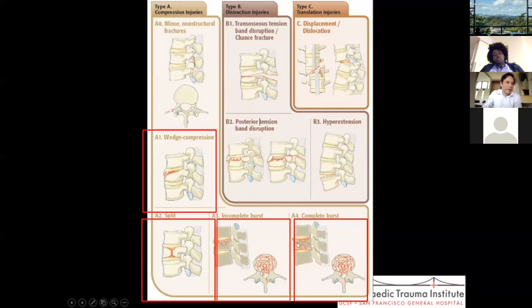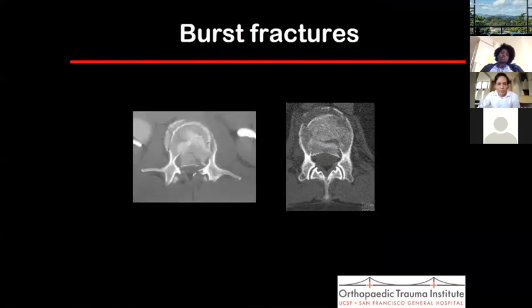We treat them both the same. In terms of burst fractures, the fracture extends into the posterior wall of the vertebral body. Our radiologists love representing the actual percent of how much occlusion of the canal the retropulsion occupies.